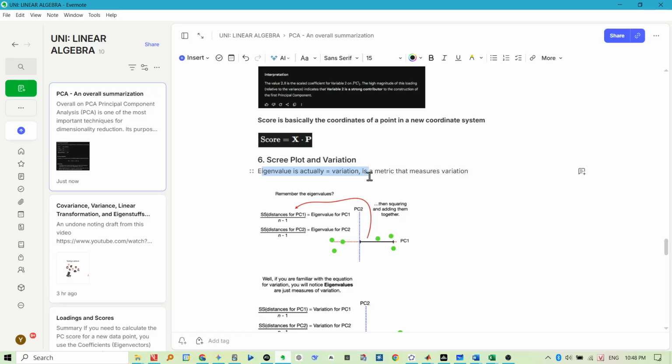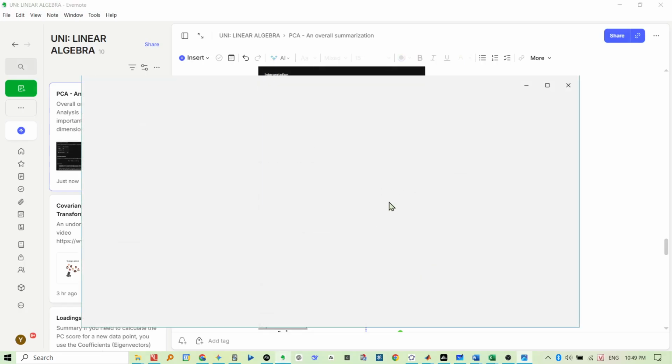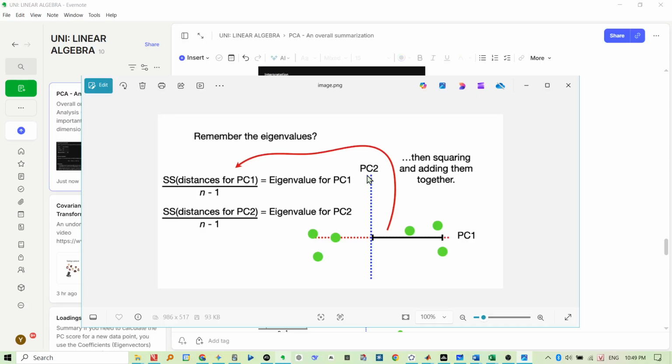An eigenvalue is actually variation, and variation is a metric that measures variation. So here we calculate the sum of the square distances for PC1, and we divide it by the number of data points minus 1.